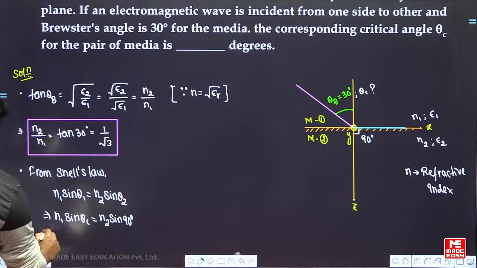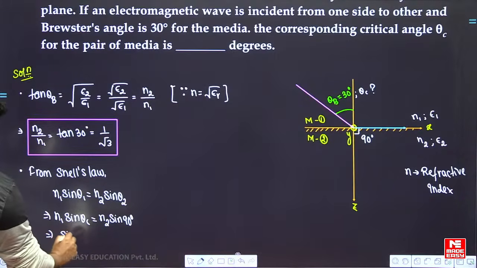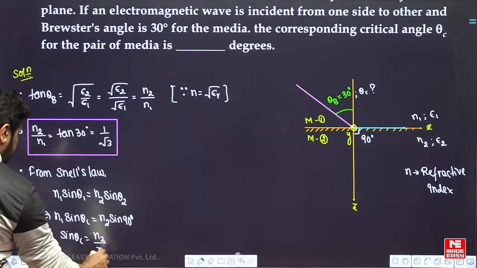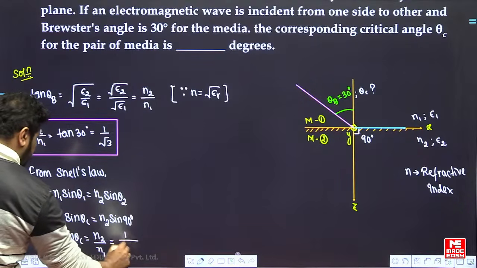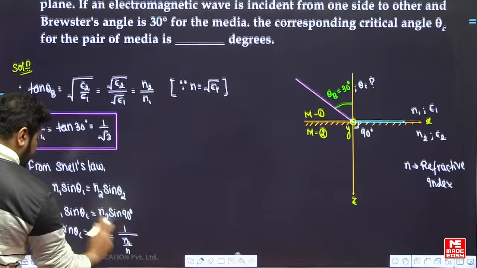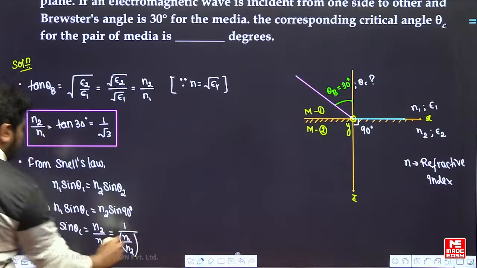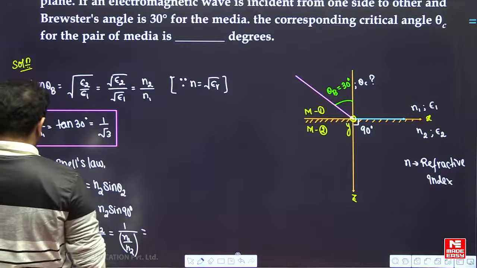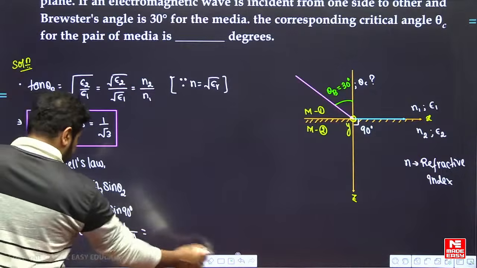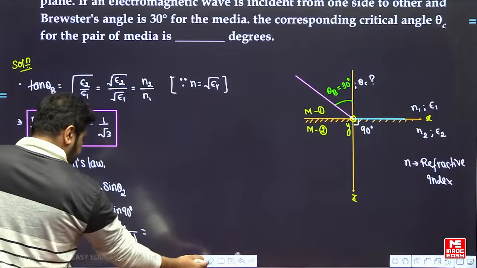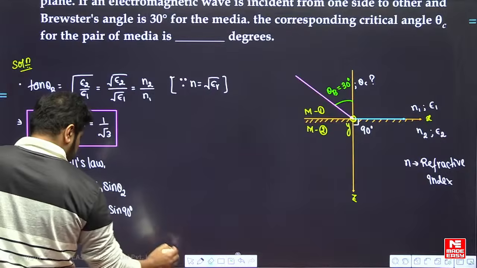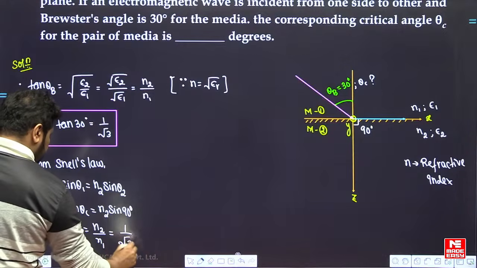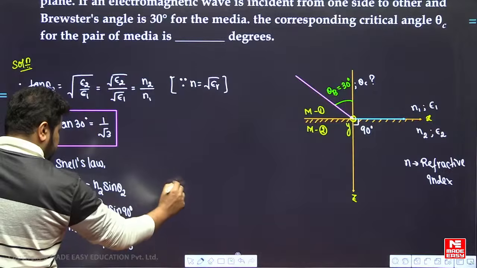Therefore, sine of theta c is n2 upon n1. And n2 upon n1 is nothing but 1 by root 3. So what is the value of critical angle theta c?